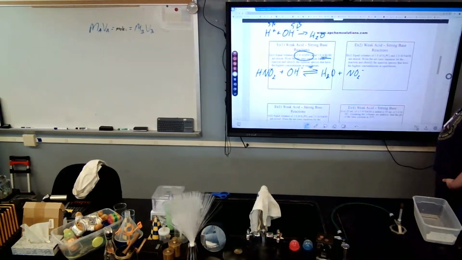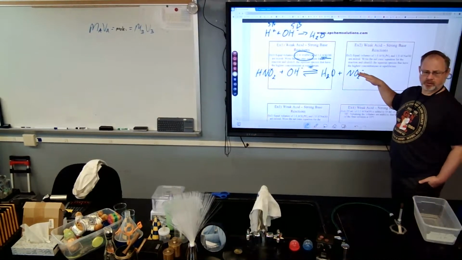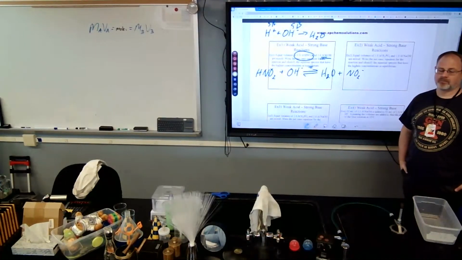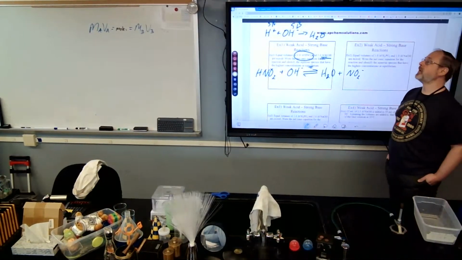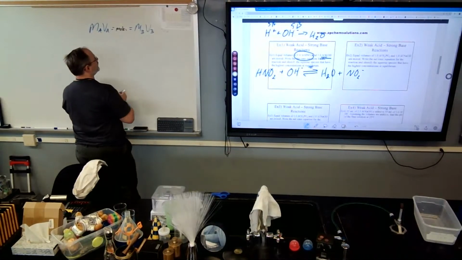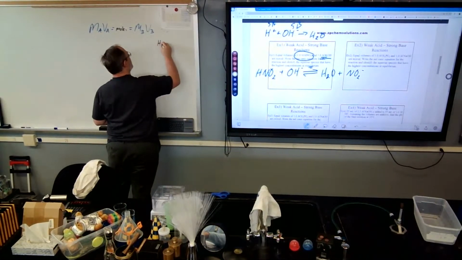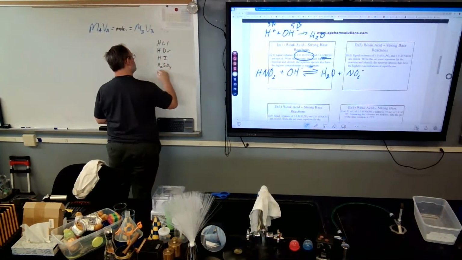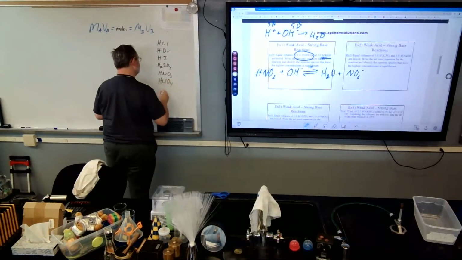Example 2 does exactly the same. But then it says, okay, are we comfortable with this so far? Ben? How are we supposed to know that HNO2 is a weak acid? It's one of the few things you need to memorize in AP Chemistry. There are 6 strong acids, and they are HCl, HBr, HI, H2SO4, HNO3, and HClO4.